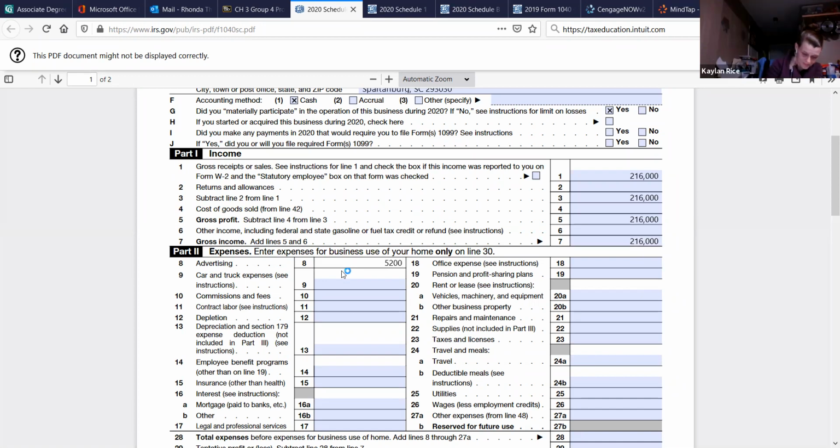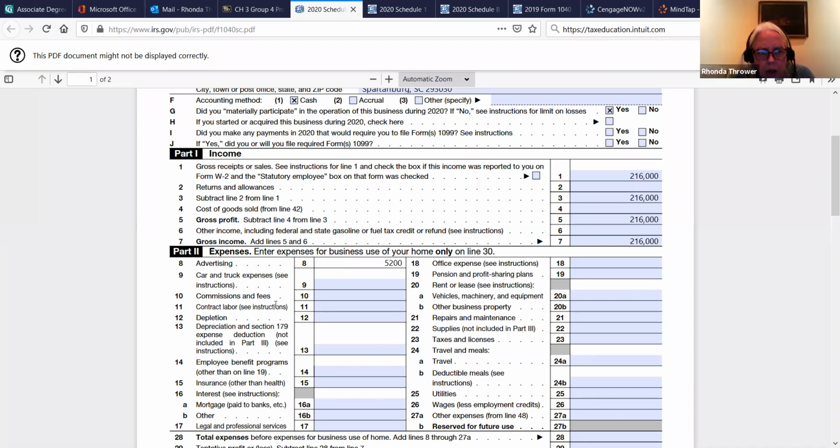Okay. And I just go line by line. Were there any car or truck expenses? No. I didn't see any either when I did it. Commissions and fees? That would be your payrolls, right?